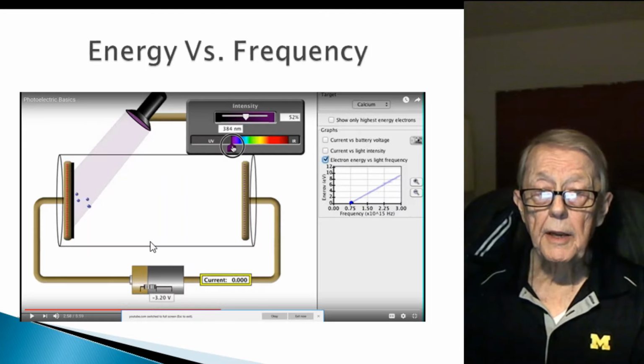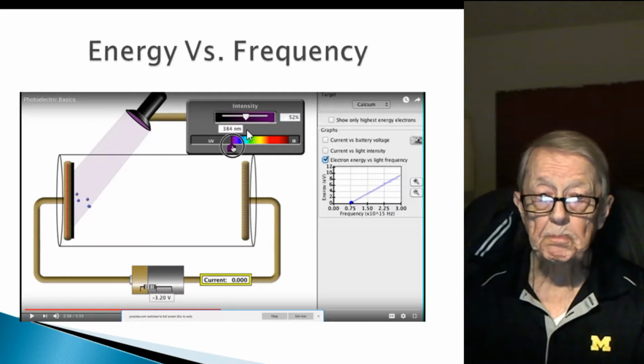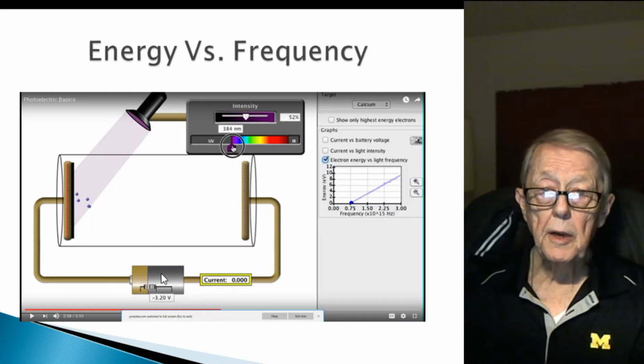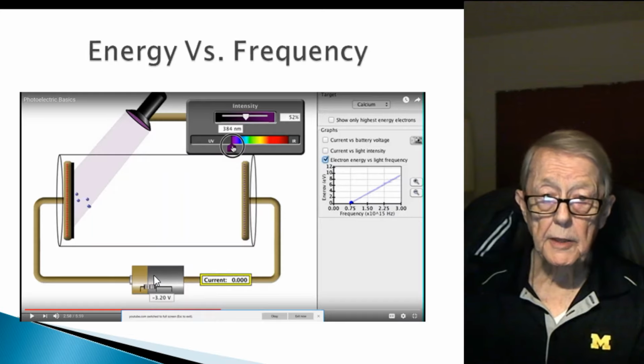Okay, the last test that they do is to show how energy varies with frequency. In this case, they set the intensity at medium, and they've got this reversed as if they're going to do a stopping. What they do then is vary the frequency. They start at high frequency.